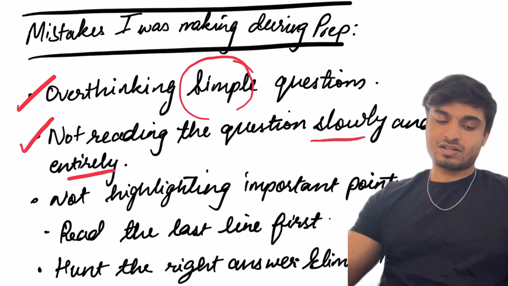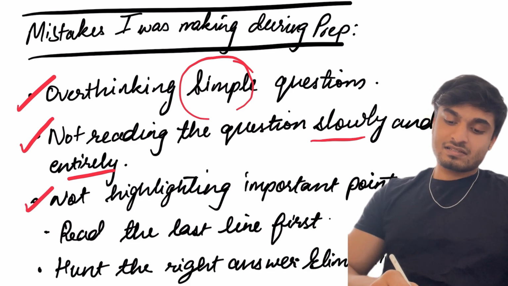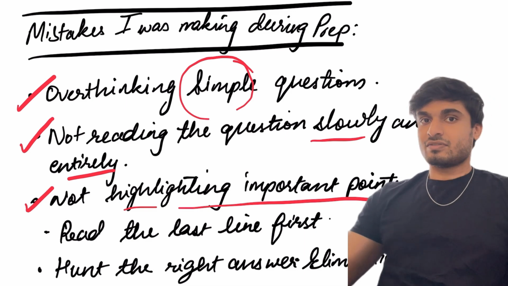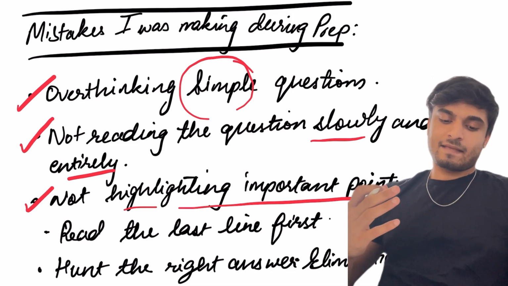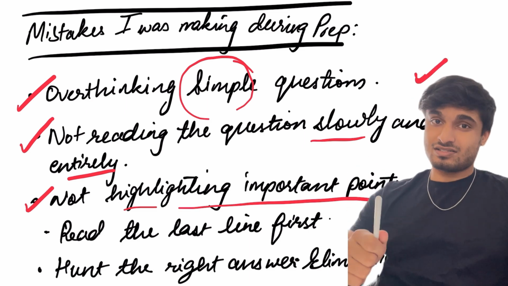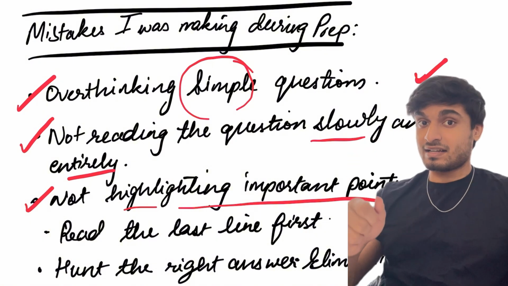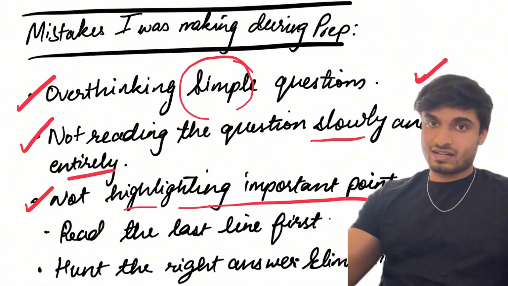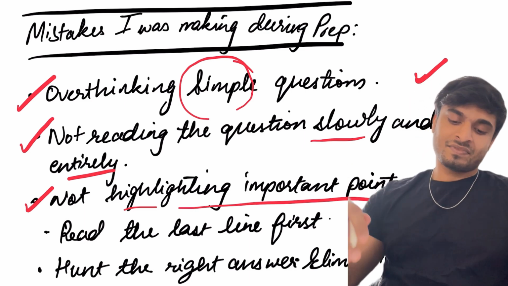So read through the question slowly, highlight important bits. I was not highlighting important bits during the preparation phase, and that really affected my scores. As soon as I started doing this, I noticed a jump in my score, and I'm going to tell you how I scored in my practice tests, and you'll see that for yourself.